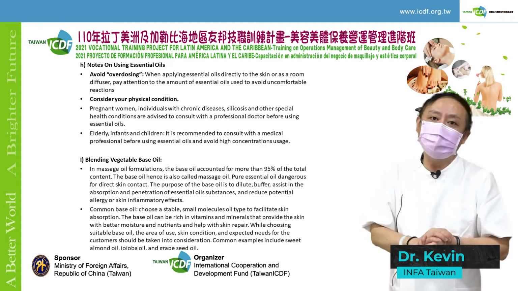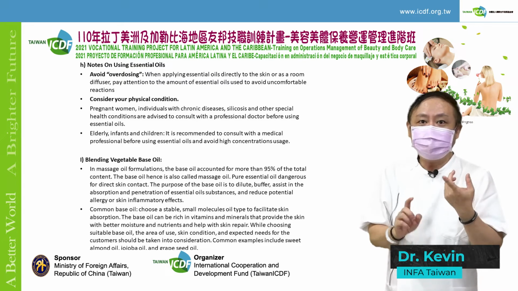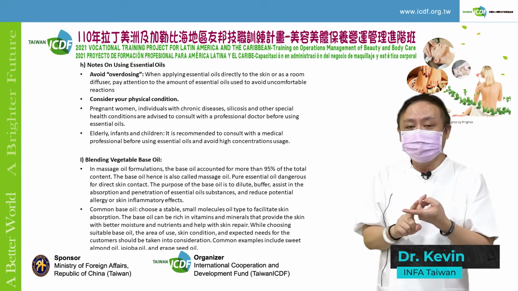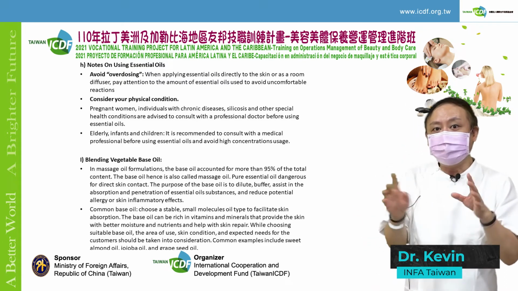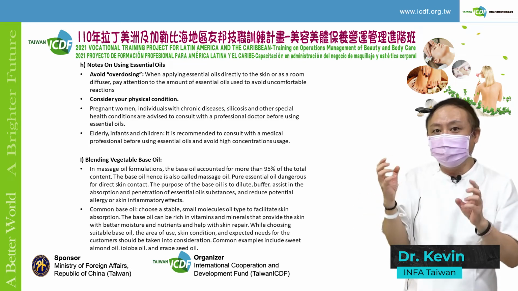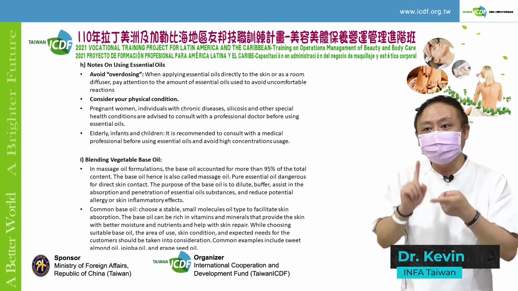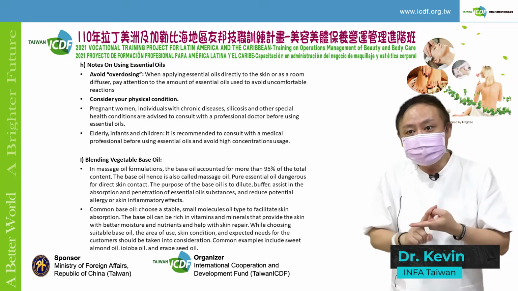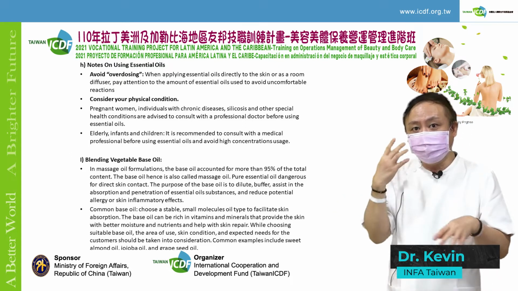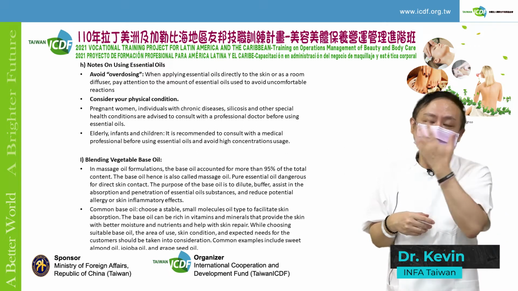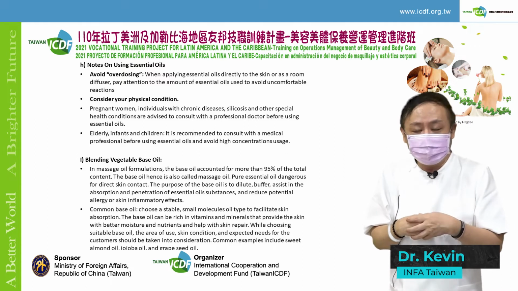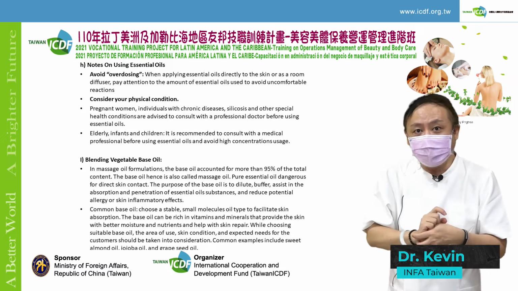For instance, lavender oil would be good for the skin condition. Also, if you have too much sebum or oily skin, you can use tea tree or eucalyptus oil because it can help balance the oil.